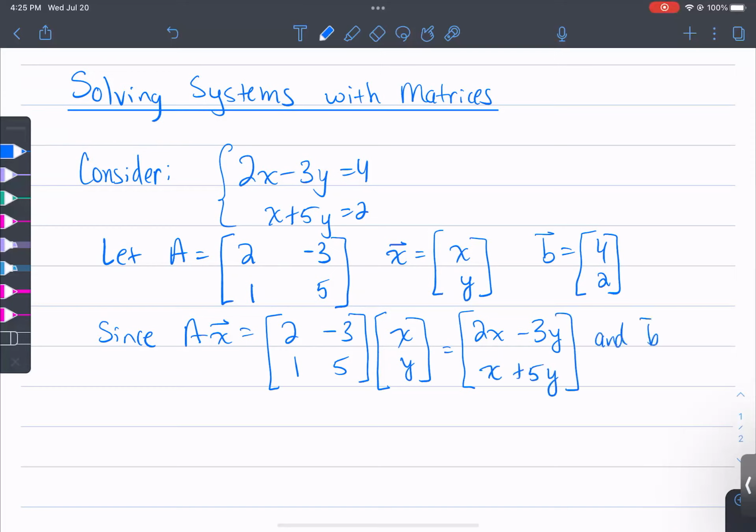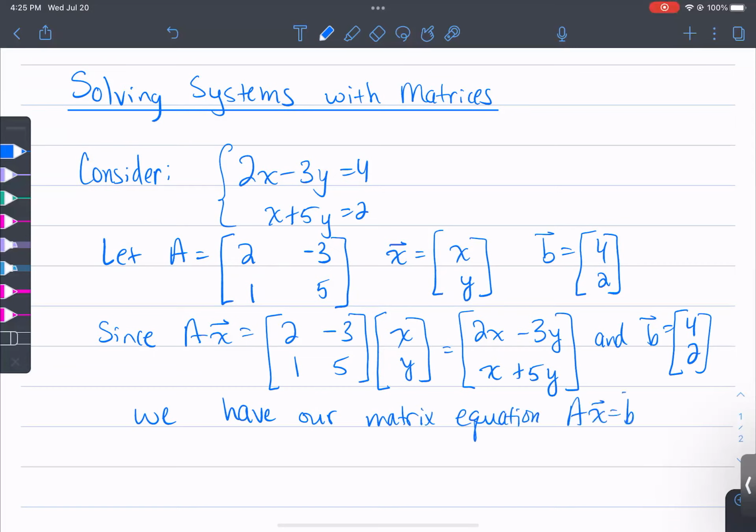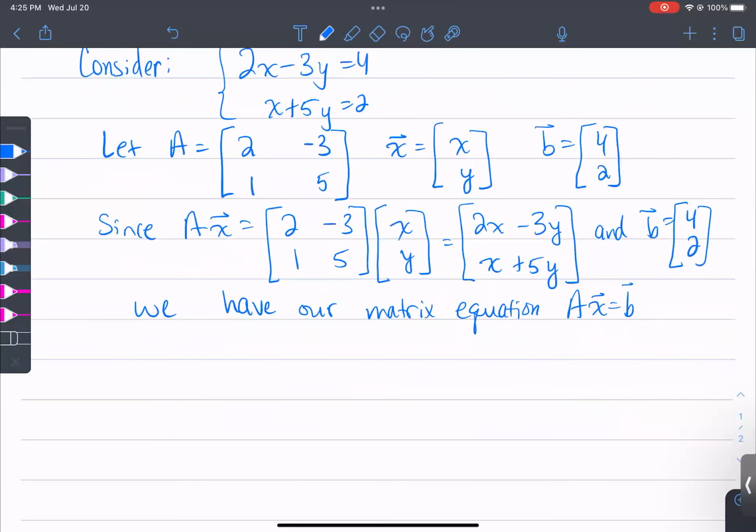And we know what the B vector is, 4, 2. We have our matrix equation. That matrix equation being A times x equals B. So any system can be written in that form.